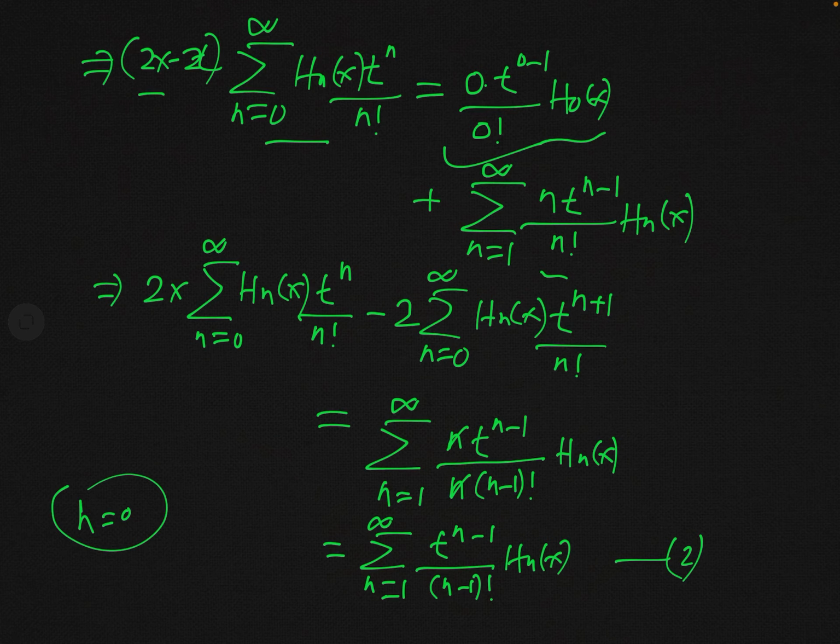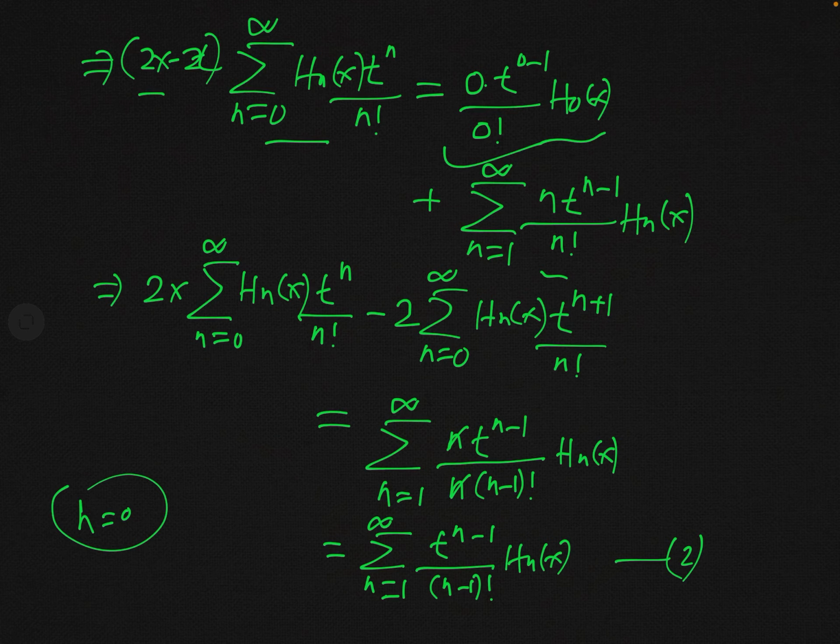For n equal to 0, in the first term there will be in fact 2x h0 of x t raised to the power 0 over 0 factorial, and in this second term there will be h0 of x t raised to the power 1 over 0 factorial, and in RHS there will be in fact t raised to the power 0 minus 1.